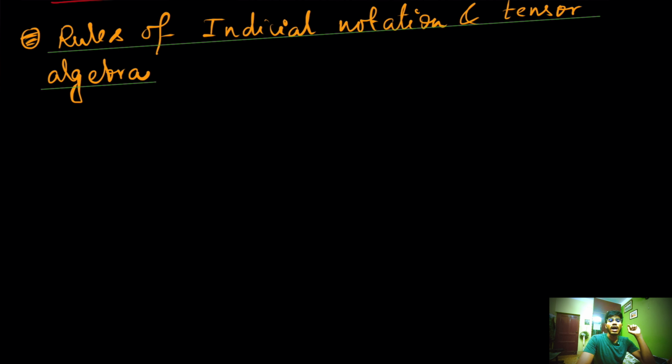Now if I ask you how many pieces of information are required to specify a vector, you will say two: direction and magnitude. Without magnitude, how many pieces of information do you need? It is one, that is any one direction, right?